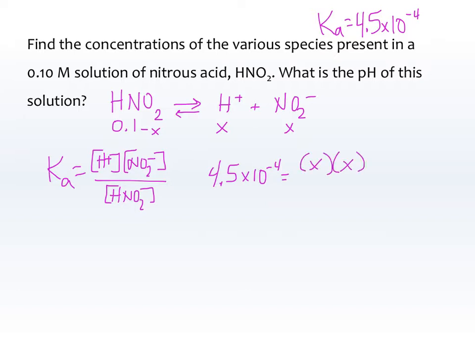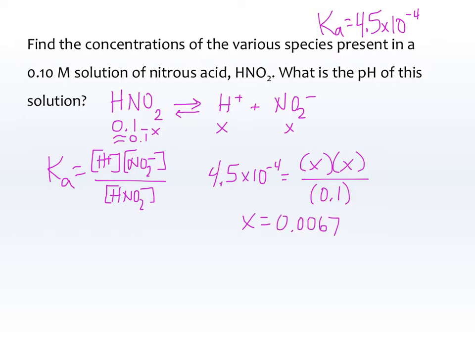X times X divided by 0.1, and again, I'm going to try this approximation to see if that works out for me. I hope that it does, because that'll make my math a whole lot simpler. So 4.5 times 10 to the negative 4 times 0.1, take the square root, I end up with X equal to 0.0067.